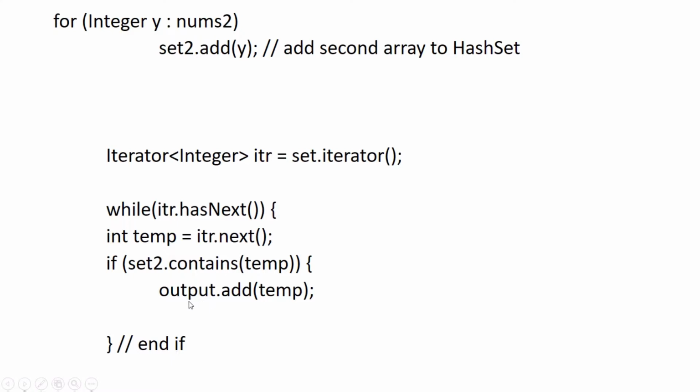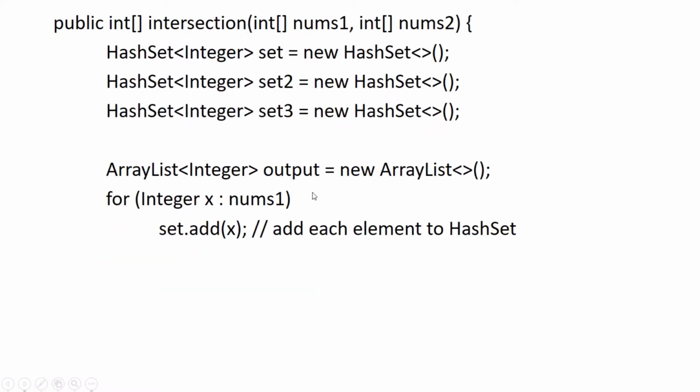Now you will see the reason why we declared our output as an array list here. The reason is that an array list gives us the opportunity to dynamically increase the size of our list. If you used a simple array here, then we would have to declare the size of the array, and we don't know what the size of the array is going to be.